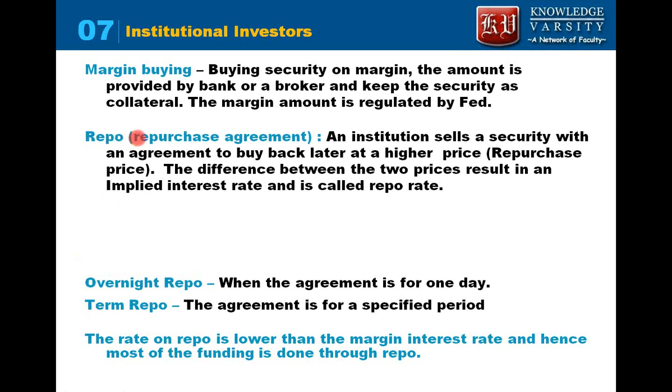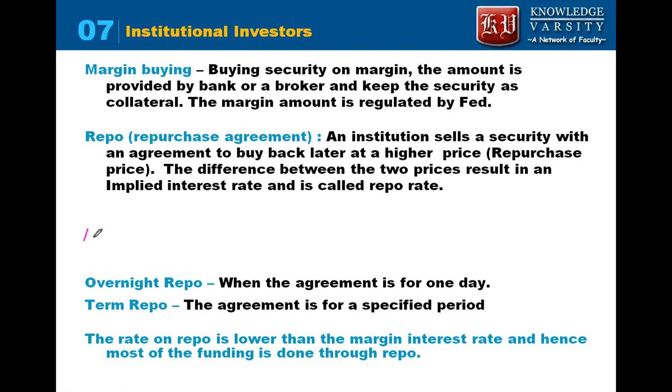There is an option for the institutional investor, that is they can get funding through what is called a repurchase agreement. In this arrangement, an institutional investor will be selling the security to another institution.